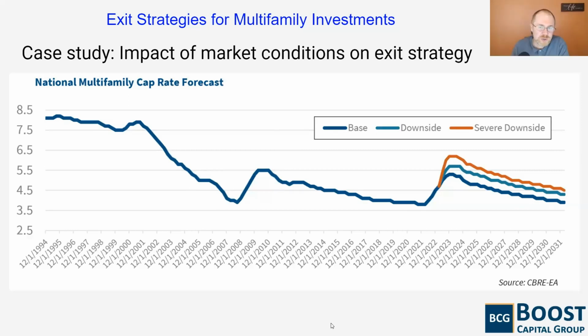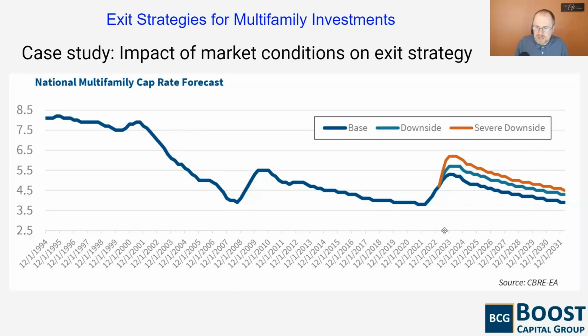So here, just to carry on the thought of market conditions and forecast, I came across this forecast because I was looking for historical cap rates for multifamily. It was interesting because not only does it show a pretty long history since '94, so now it's 30 years' worth of data, but also a forecast. It's interesting to look at the future from that standpoint.